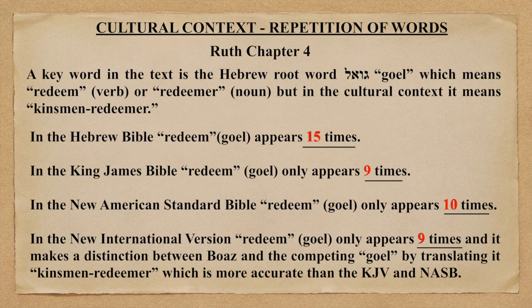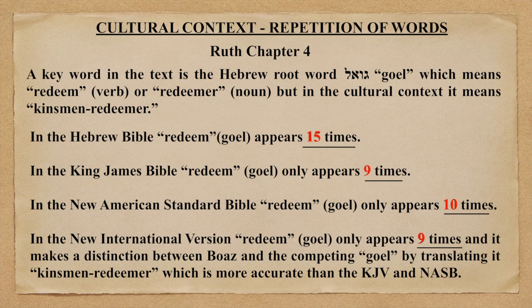A key word in the text in Hebrew is the word goel, which means redeemer, but in the cultural context, it means kinsman redeemer. In the Hebrew Bible, redeem or goel, both in a verb and noun form, show up 15 times. In the King James Version, redeem only appears 9 times.